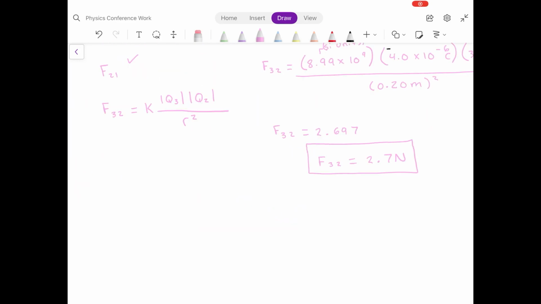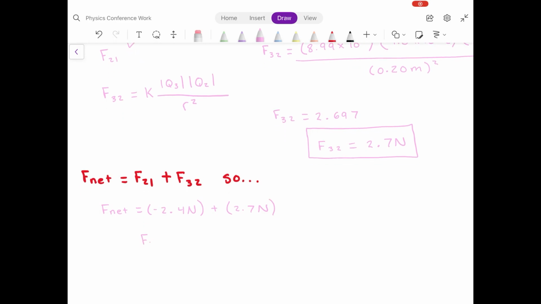In order to find the net force, I can use the equation F net equals F of 2,1 plus F of 3,2. So if I plug this in, I can get F net is equal to negative 2.4 newtons plus 2.7 newtons, which gives us a value of 0.3.